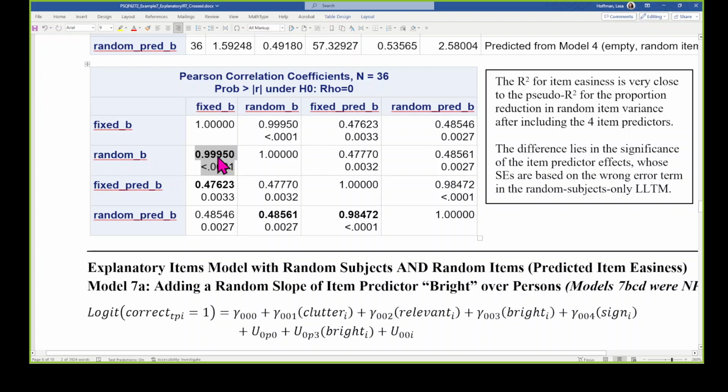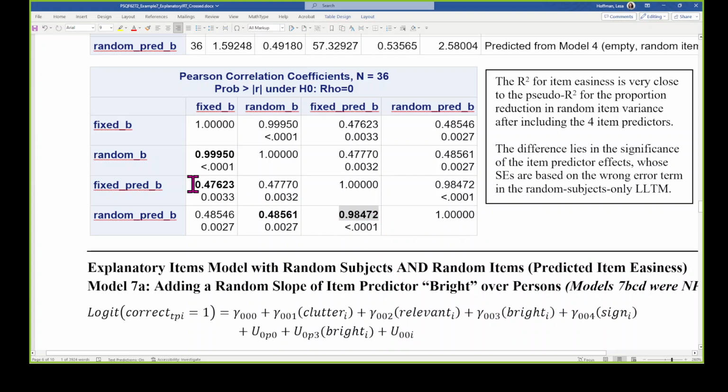So whether you treat items as a fixed effect or as a random effect, you get pretty much the same answer with respect to which ones are more difficult. Whether I have random variance left over in item difficulty doesn't matter. In terms of estimating the fixed effects, those are pretty much the same thing too.